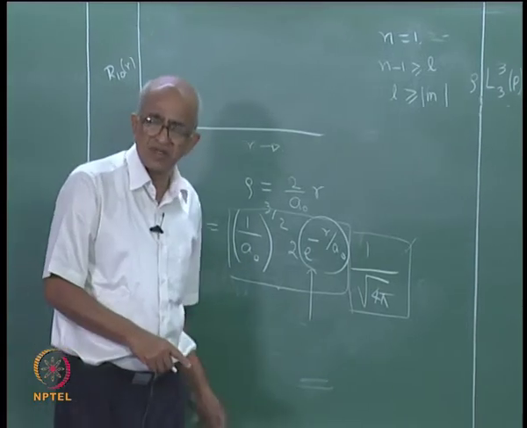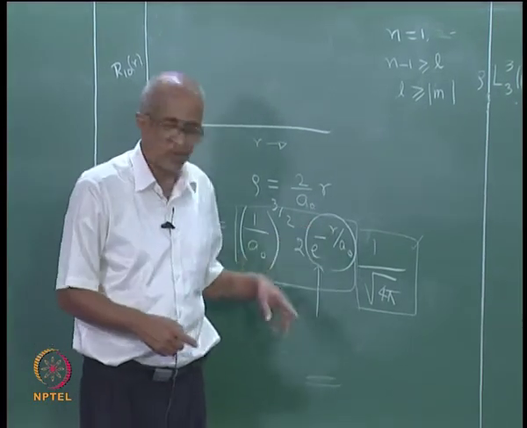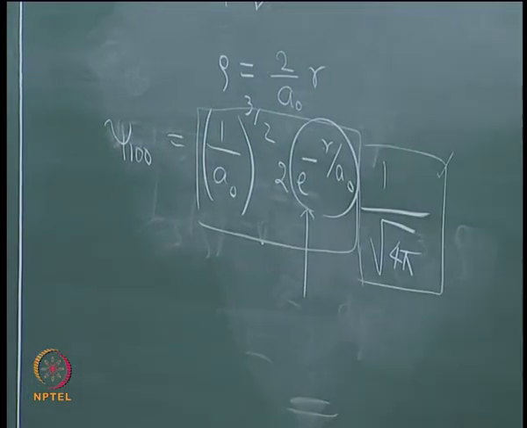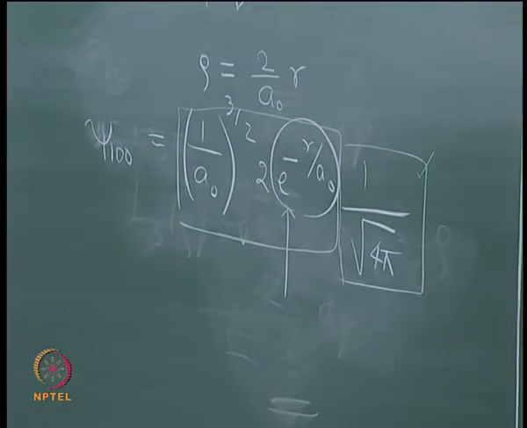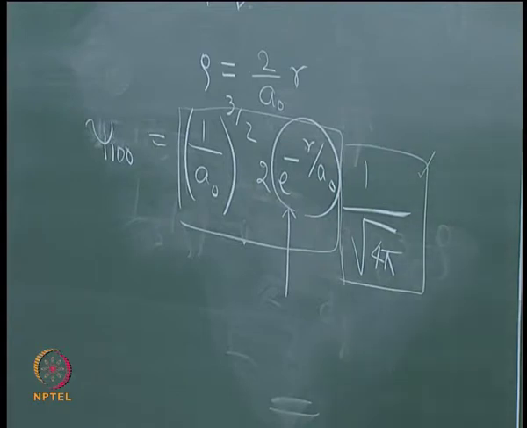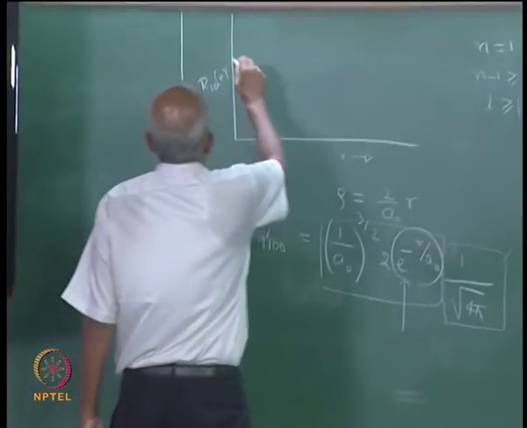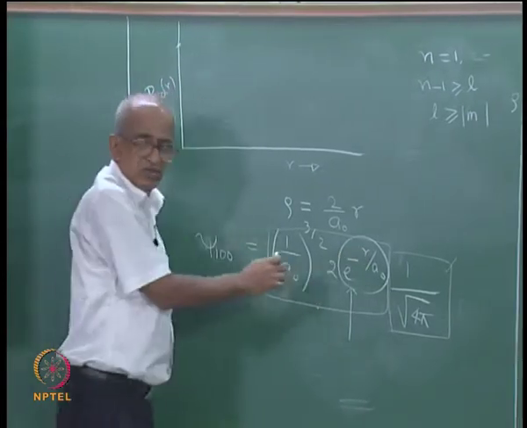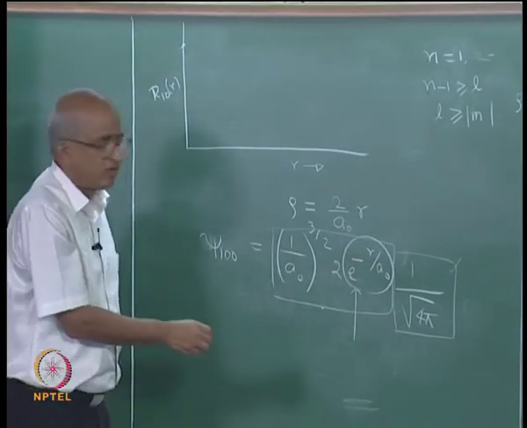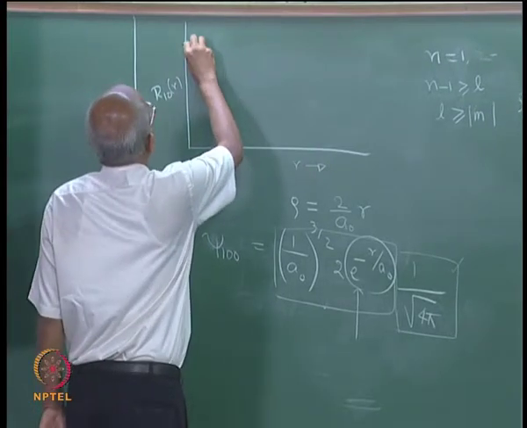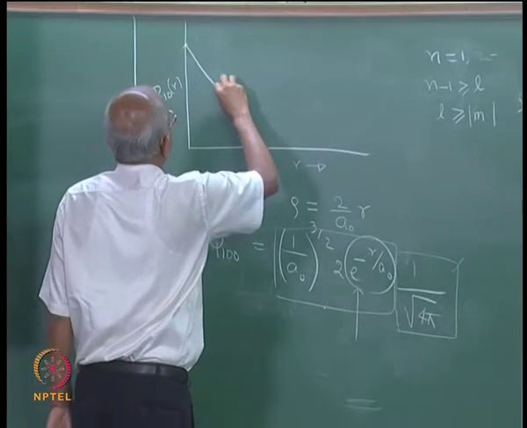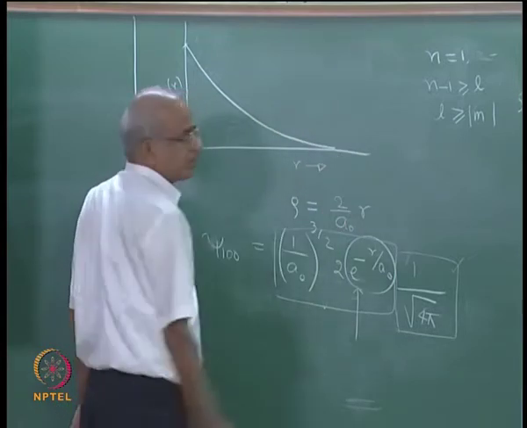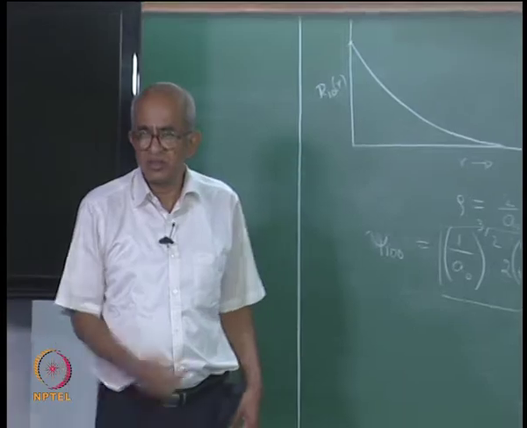Any exponential function of the form e to the power of minus r by a0, you know that it is going to decrease exponentially as you go away from the nucleus, and therefore, if you made a plot of this, it will have its largest value at the nucleus, right. When r is equal to 0, this function will have the largest value, and as you go away from the nucleus, the function will go on decreasing steadily. This is how the function is.